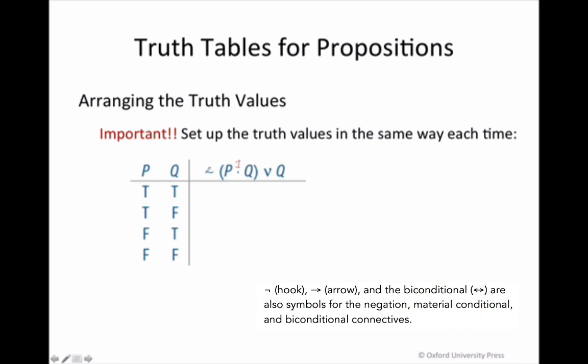We next notice that this negation covers only what's in the parentheses. The negation is saying no to the conjunction. So whatever values the conjunction has, we negate here. Lastly, we can see that the disjunction connects the left side with the right side. This is our main connective.